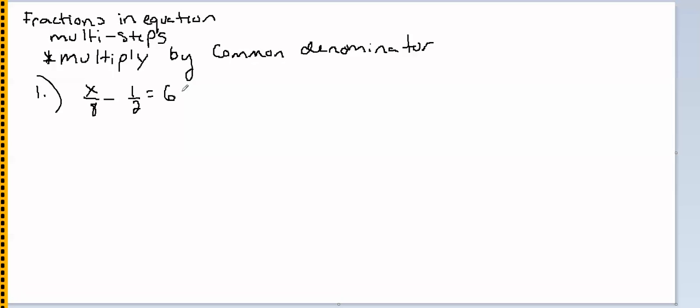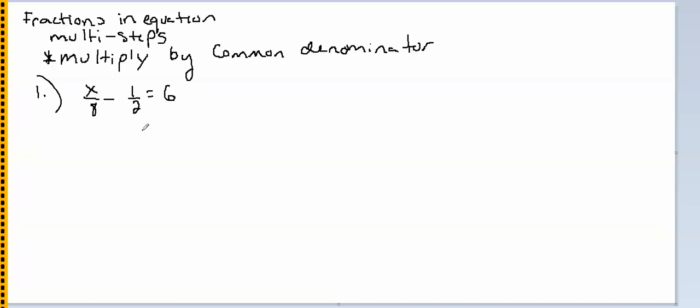Now this one's not too bad of an equation with fractions, but a lot of people go, if I add them, you got to remember to get the common denominator. If you multiply them, you got to remember that you just multiply straight across and reduce. So there's a lot of rules on fractions. So what I do is I multiply every single term by a common denominator, and that gets rid of your fractions, and then in turn makes the equation a lot easier.